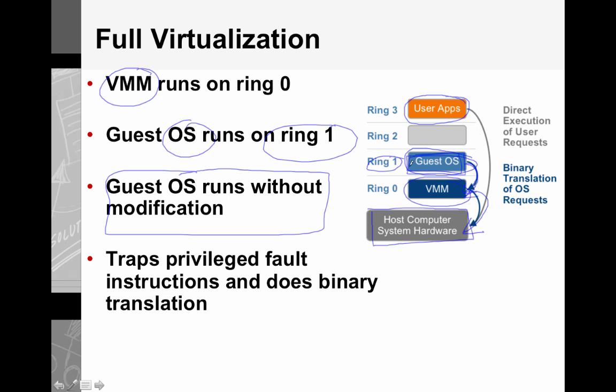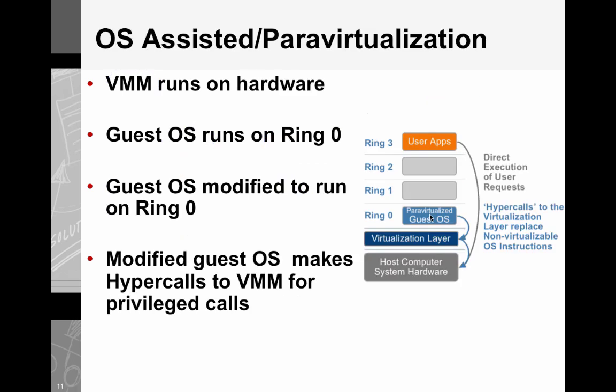Notice the guest operating system is running on ring 1 and it has not been modified. And so it can lead to faults which get caught by the VMM, which runs on the hardware. So that's full virtualization.